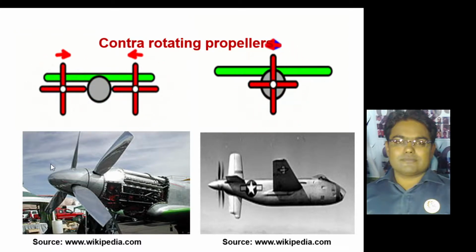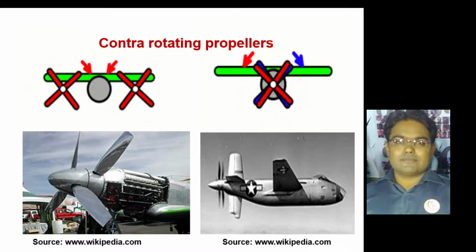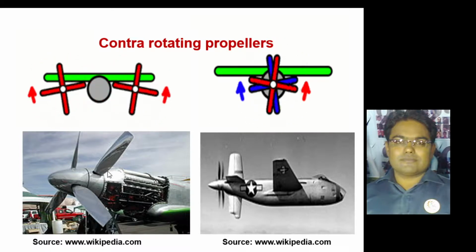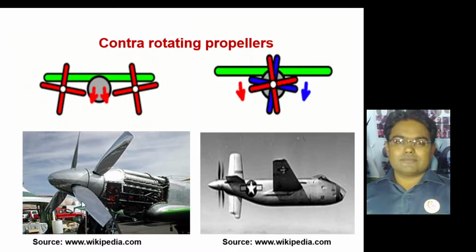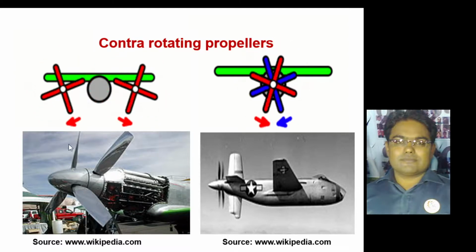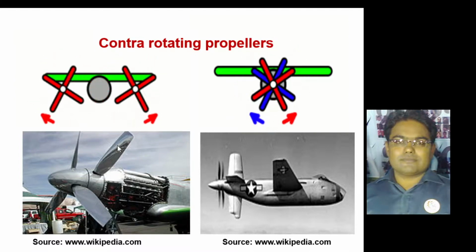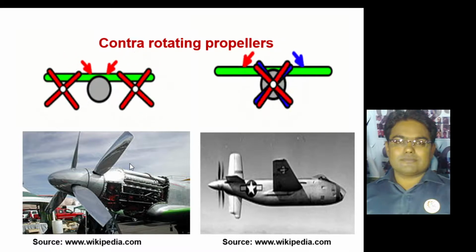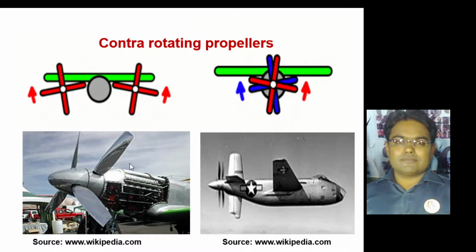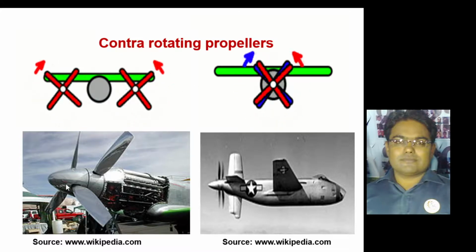This is an example of this combination, where two pairs of propeller blades are attached on a single arm. These are three-bladed propellers. This was the first row, this is the second row. One propeller will be rotating clockwise and another anti-clockwise to negate the effect of torque being imposed on the fuselage.